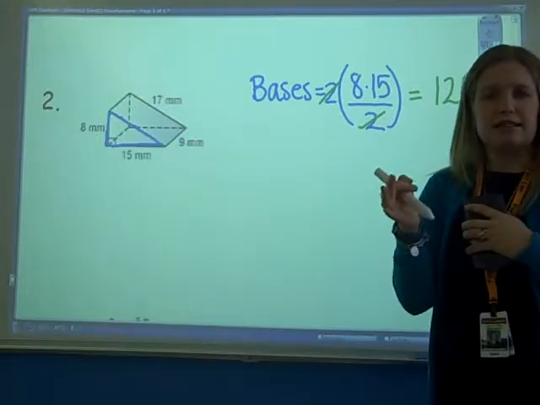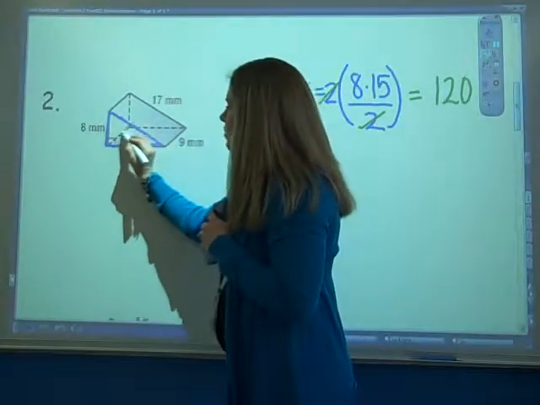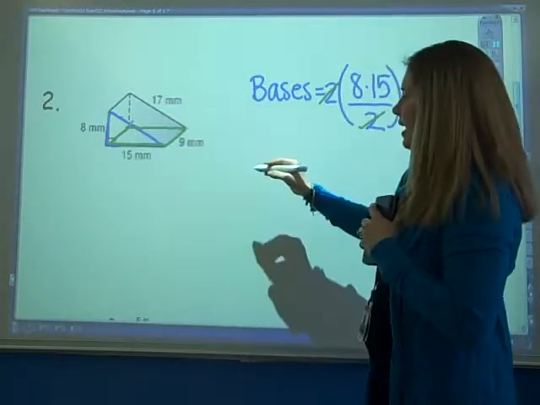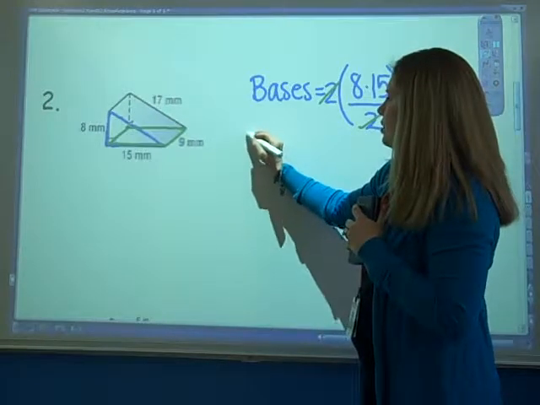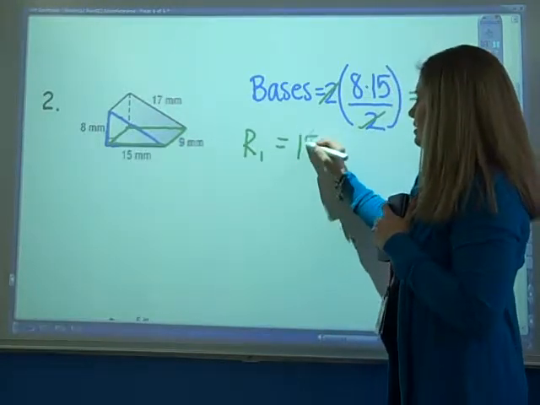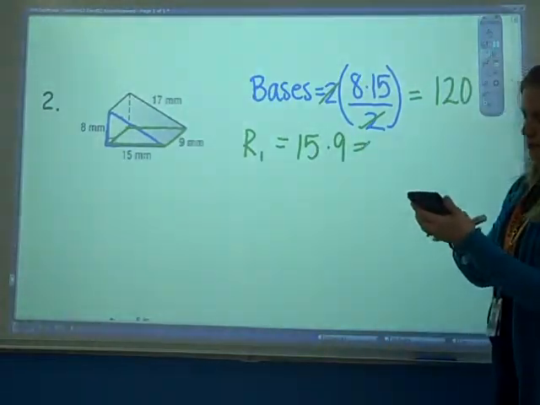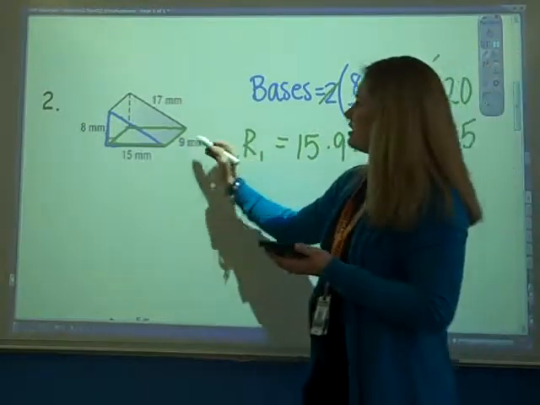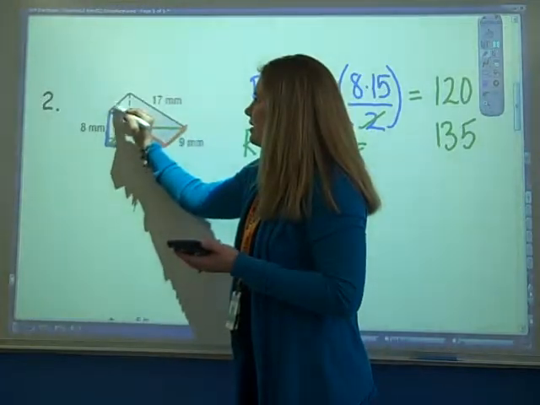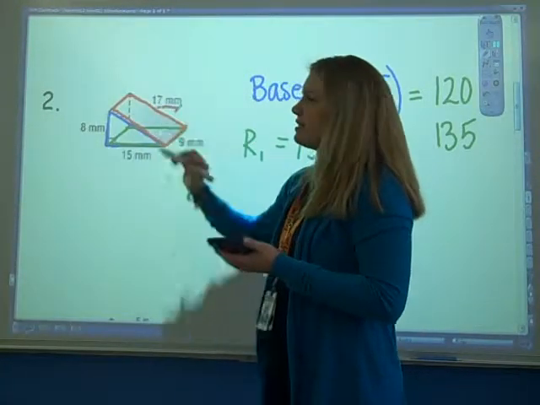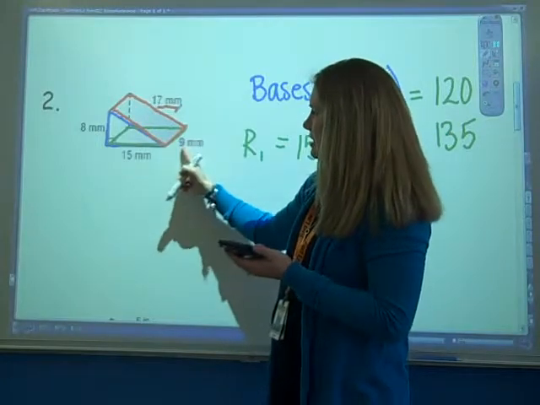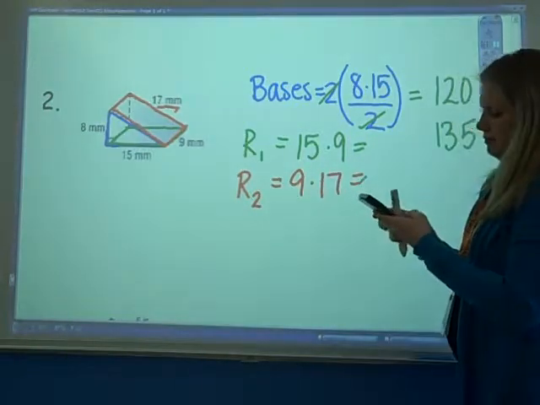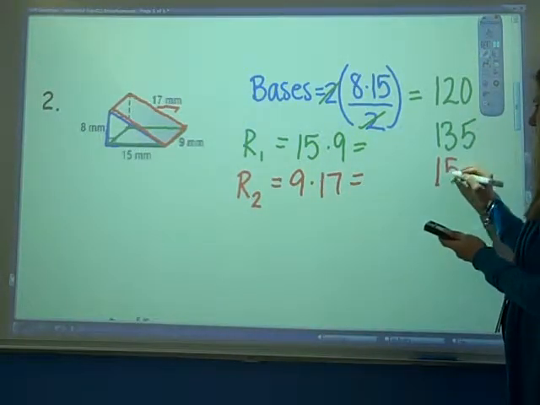Then we have 3 rectangles, and they're not necessarily the same. This bottom rectangle is 15 by 9 back. So we'll call it rectangle 1, 15 times 9 is 135. Then we have this rectangle that's on the slant going up like this. Well, the slant is 17, and this side is 9. So rectangle 2 is 9 times 17, which is 153.